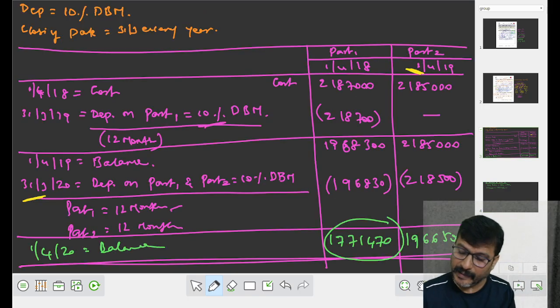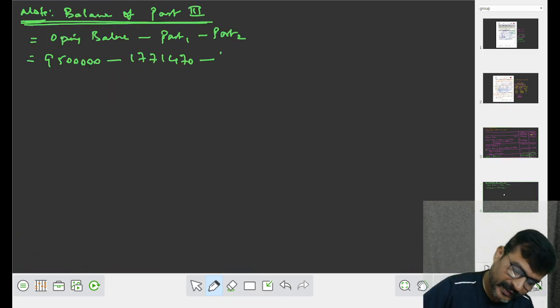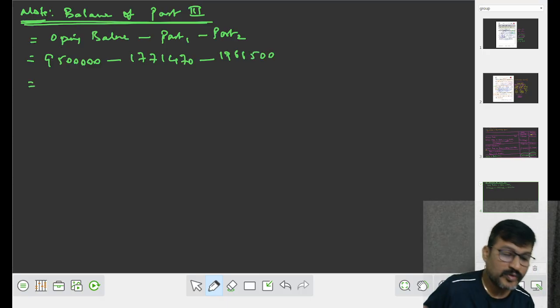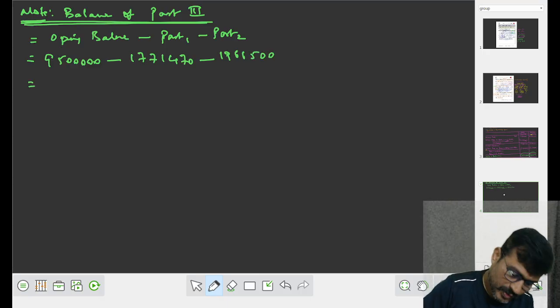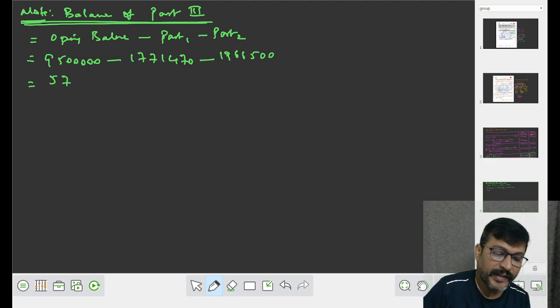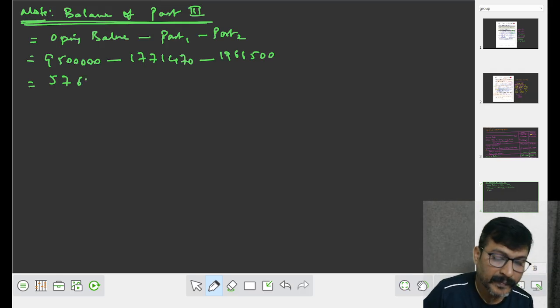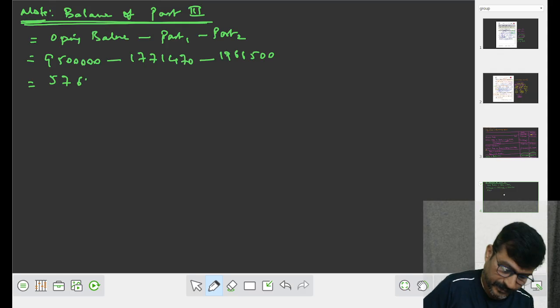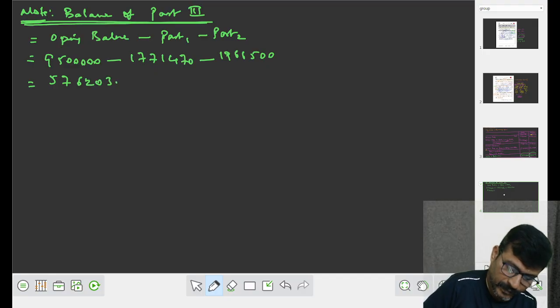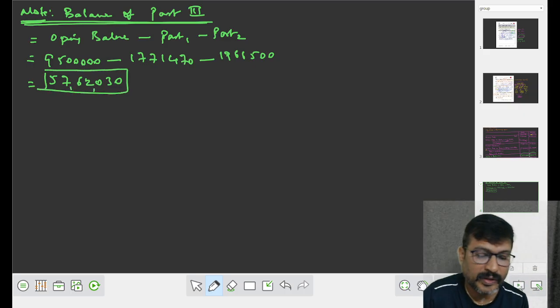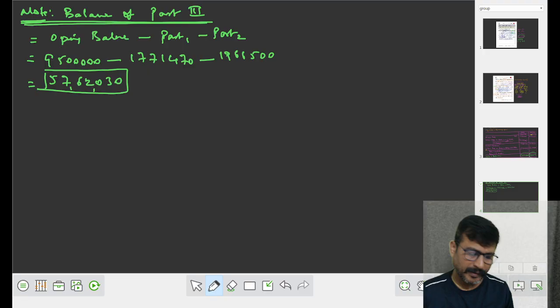What is the balance of part 2? 19 lakh 66,500. Now it comes to rupees 57 lakh 62,030. 57 lakh 62,030 is the part 3 balance.